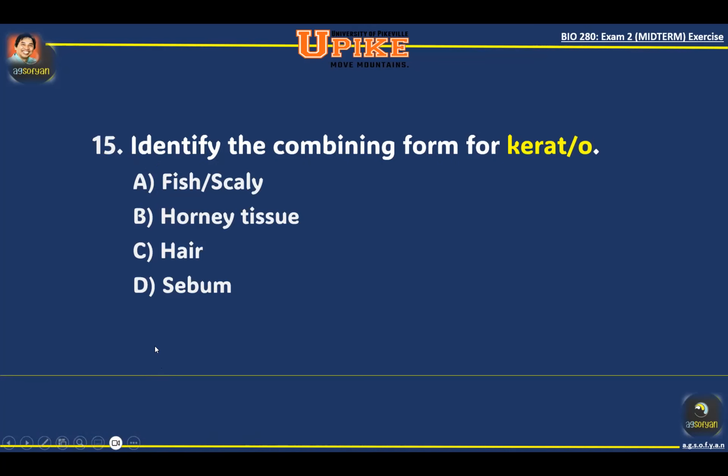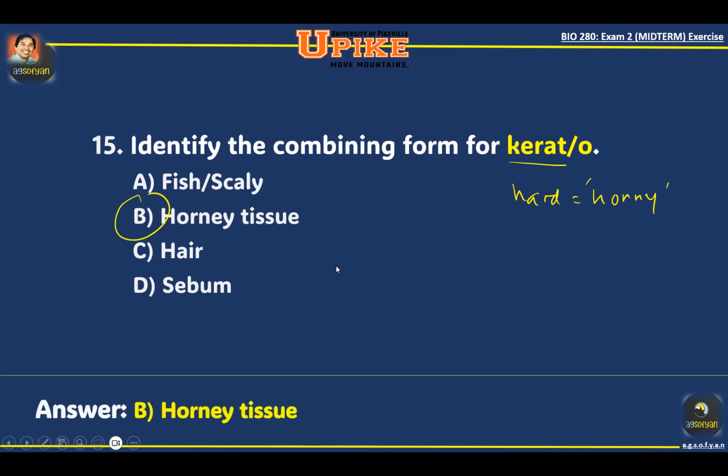Identify the combining form of kerato. Kerato, A, B, C, or D. Kerato means the skin that is very hard, like horny. So this is going to mean horny tissue, hard skin tissue. This is the one that protects us from losing water, dehydration.